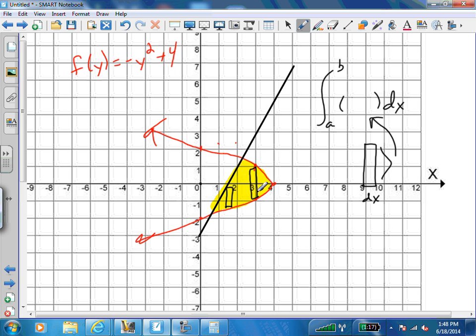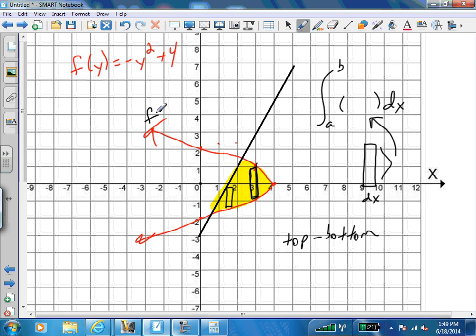What is the problem here? On all of the problems that we've done so far where we got the area between two curves, we did the top minus the bottom to get our length.